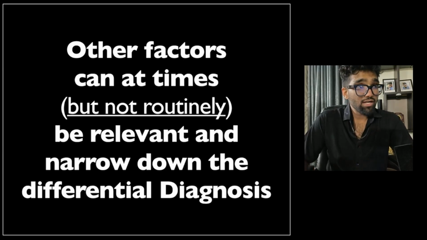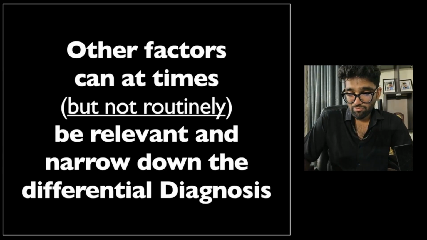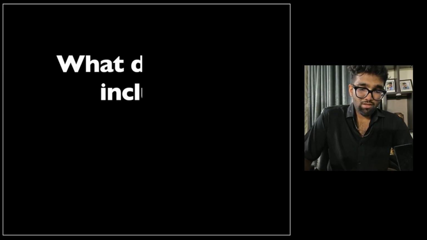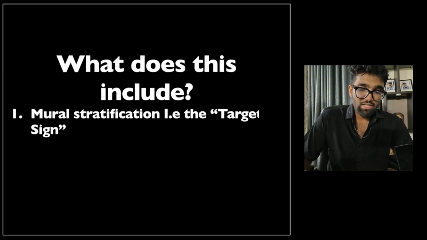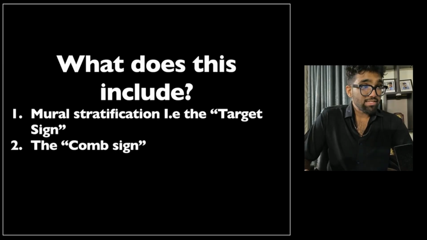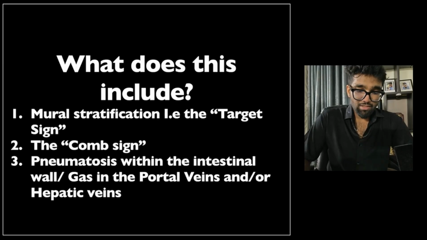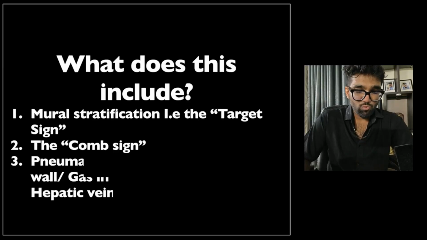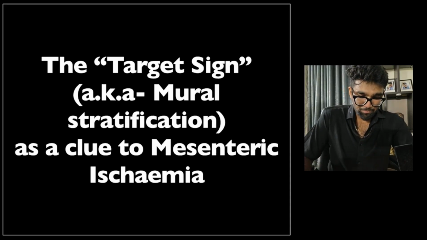Okay, and we need to understand what they signify very clearly. Otherwise, we'll get confused. So this includes three things. One is mural stratification, also called the target sign. Second is comb sign. The third is pneumatosis within the intestinal wall, called pneumatosis intestinalis. Now, this gas can then also extend into the portal veins and or hepatic veins. So we'll discuss exactly what that implies.